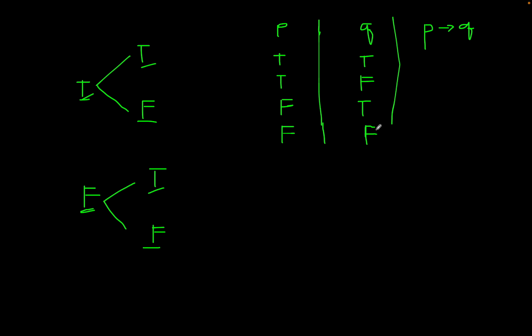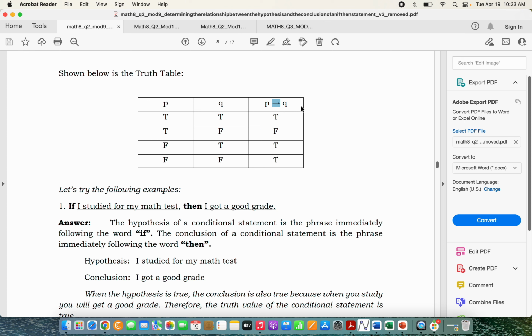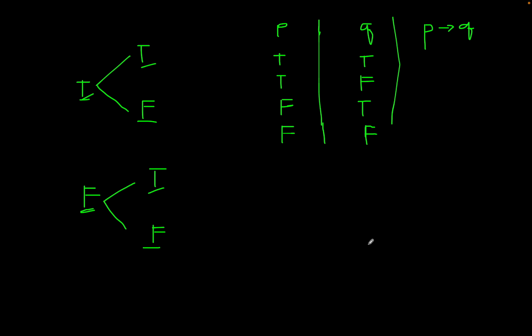Okay. Very good. And then, how do we determine the truth value? Paano natin dinidetermine yung truth value? So, balik tayo dun sa module nyo earlier. Nakikita nyo, ang truth value dito is true, false, true, and then true. So, how do we determine the truth value? Binabase natin yun sa conclusion part kapag if-then statement siya. If the conclusion is true, then the truth value is true.